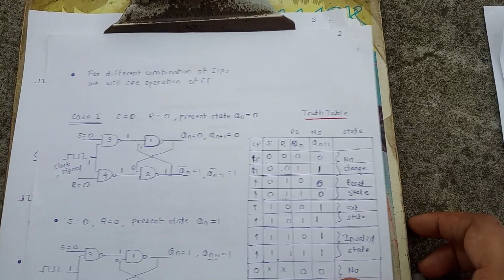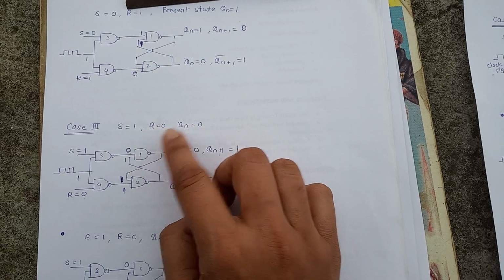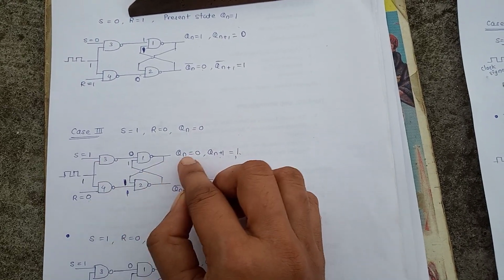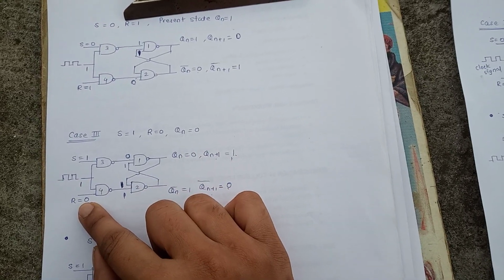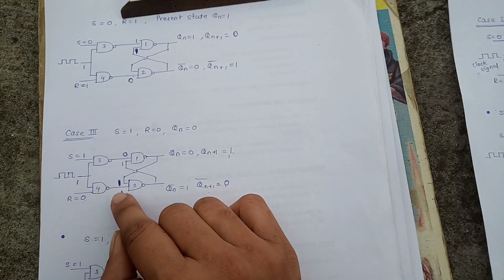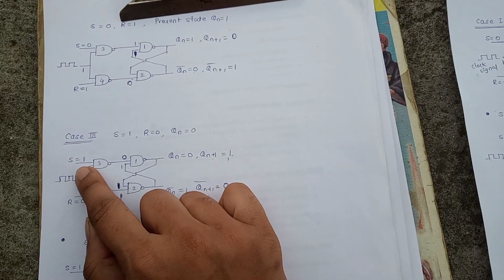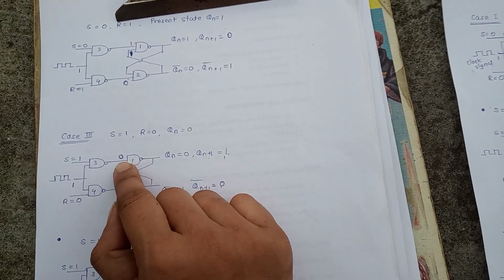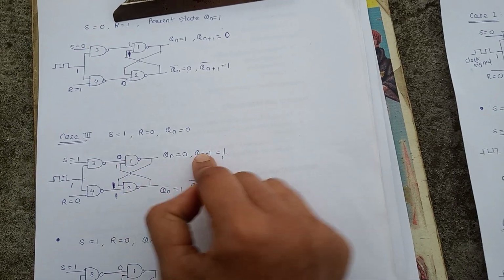Now next case is when S equal to 1, R equal to 0, Qn equal to 0. S 1, R 0, Qn 0 and clock 1. Now one input of the NAND gate is 0, it produces output 1. Now 1 1 produces output 0. Now one input to this first NAND gate is 0, so it produces output 1, which is nothing but next state.